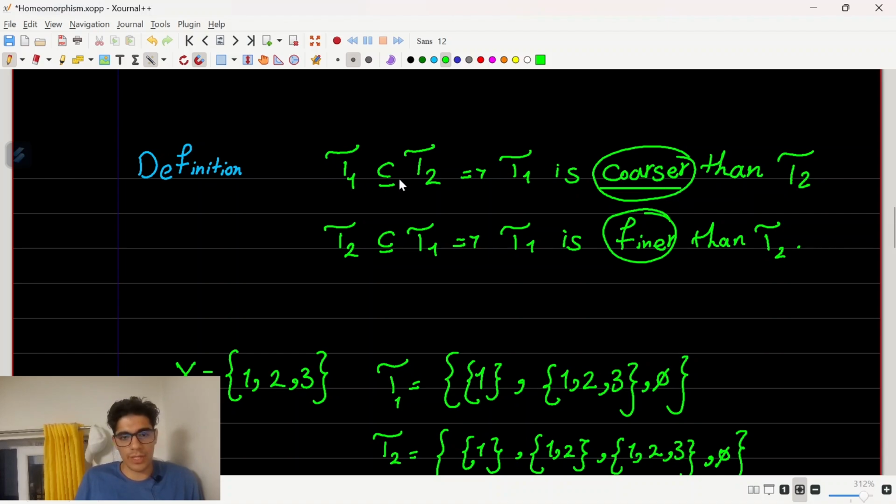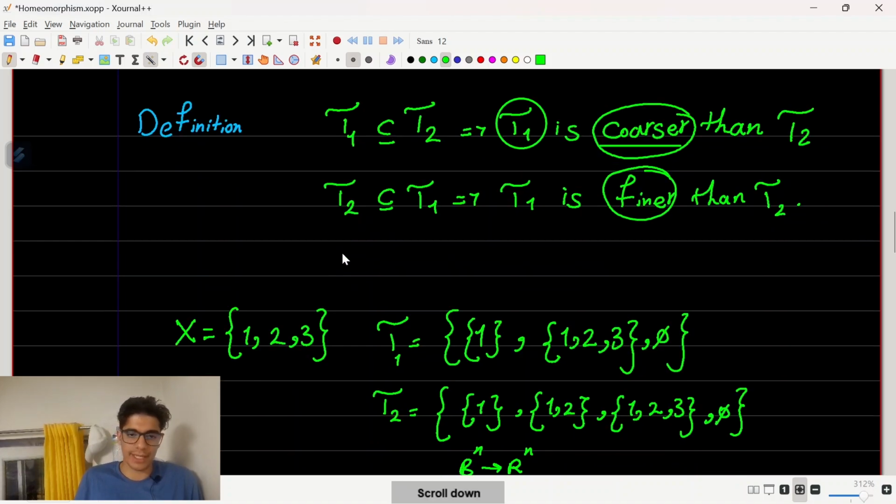Because if T1 is a subset of T2, then this means that T2 has more open sets, so T1 is coarser. And if T2 is a subset of T1, then this means that T1 has more open sets. So the space is made out of more open sets.